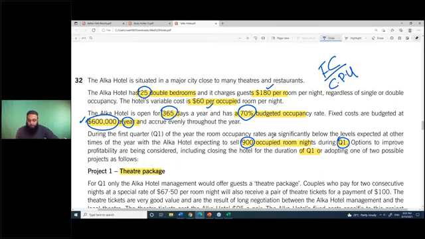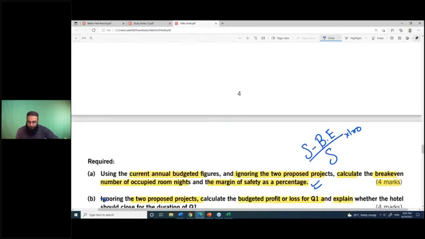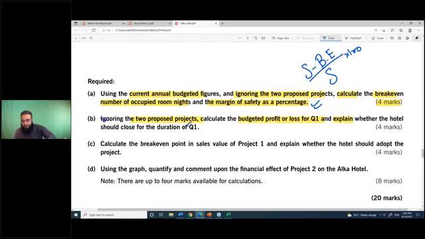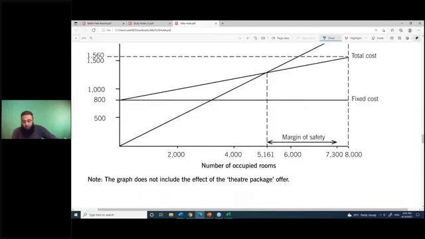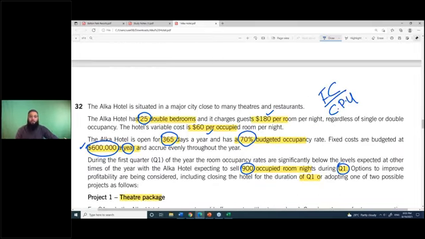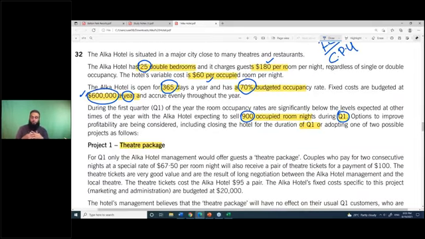So you can see here as well, it is written for quarter one. So don't be misguided in this case. It's quarter one. So the fixed cost that is given is an annual one, and you cannot use this annual one. You have to prorate this into 4 quarters, that is for the 3 months.